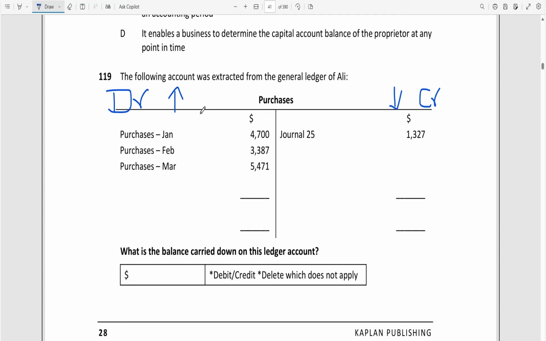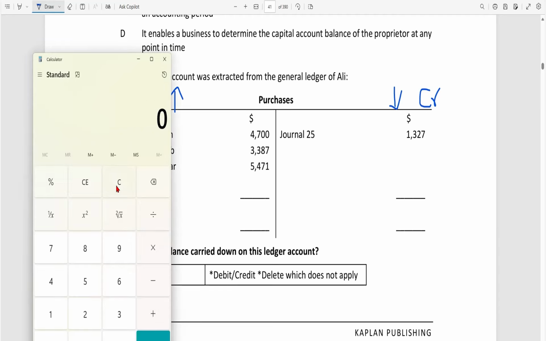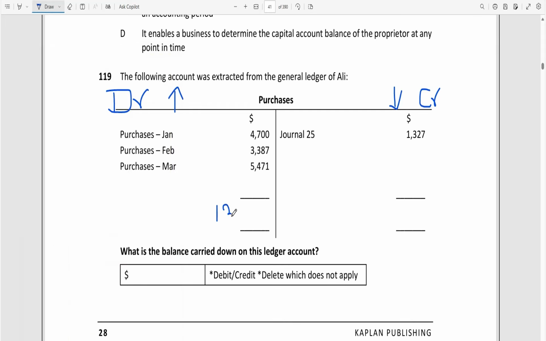Let's now total the debit side. How much is it? 4700, 3387, 5471. So this will give a total of 1358.